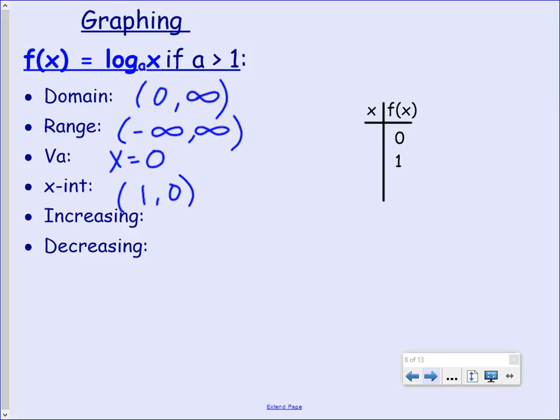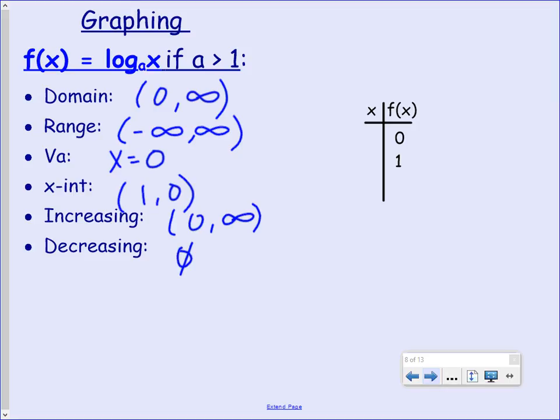Now you have an x-intercept at 1, 0. And if your a value is greater than 1, you will be increasing for the entire domain from 0 to infinity. And you won't have any decreasing. You're increasing for all the values that work in the function.